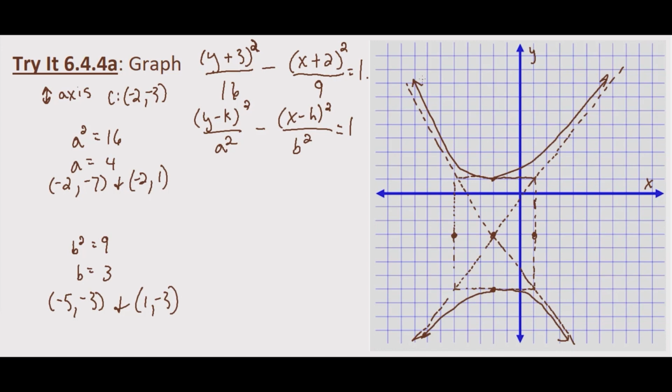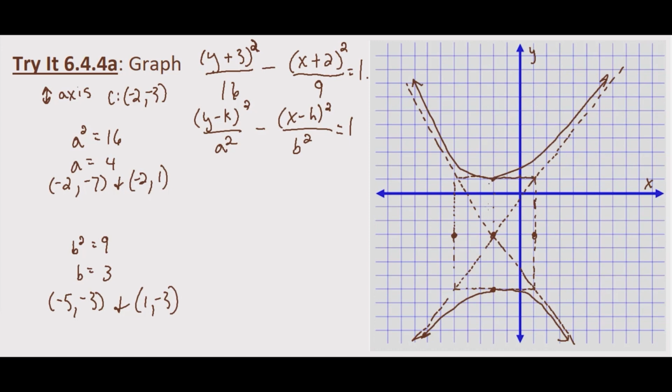And we know that the slope, in this case, since y comes first, should be plus or minus a over b. So that's plus or minus 4 over 3. So our positive slope asymptote should have a slope of 4/3. So 1, 2, 3, 4 up, rise over 1, 2, 3 run.